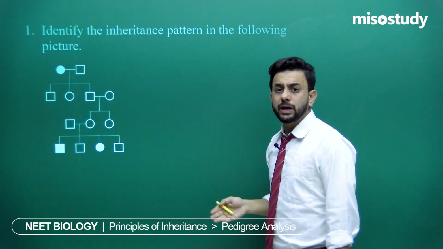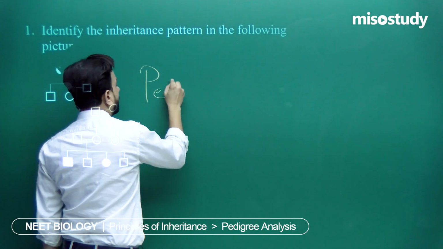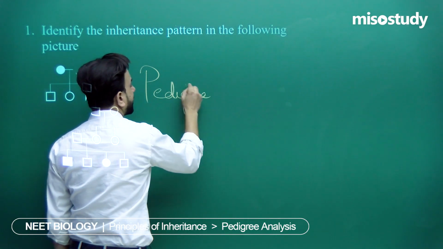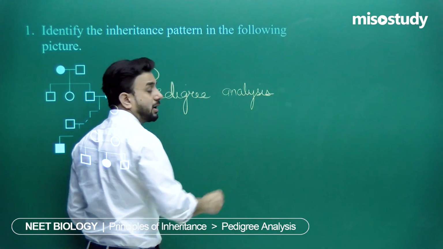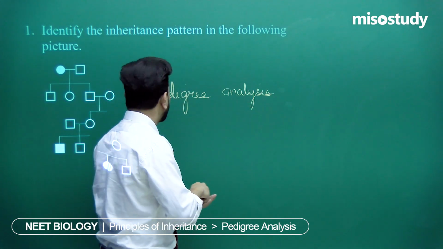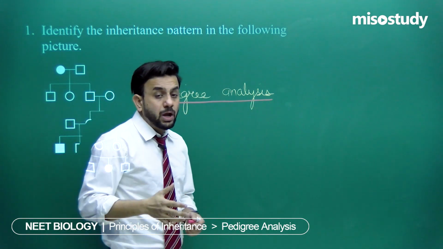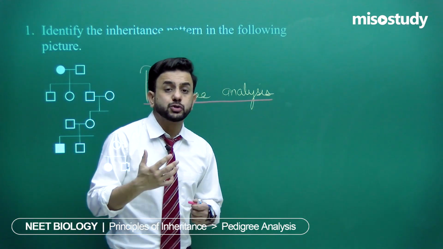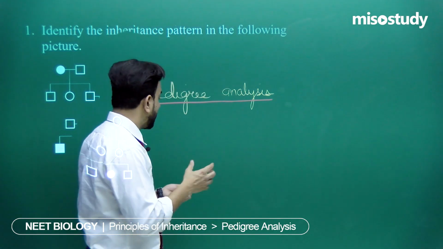So, this is pedigree analysis, and we will first see what pedigree analysis is. The study of the inheritance of traits in humans is called pedigree analysis. It's very simple.